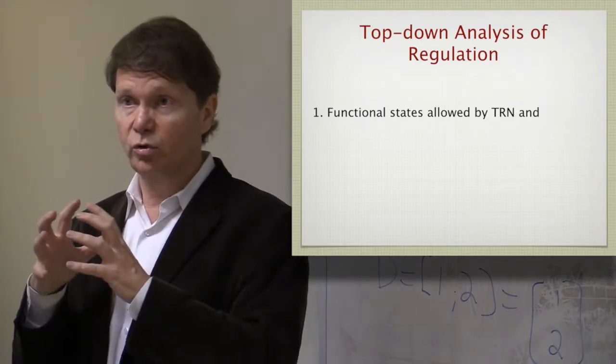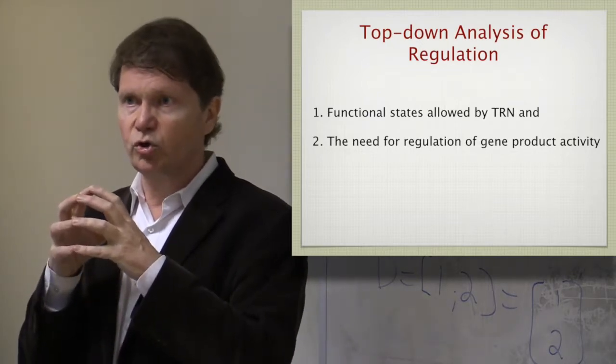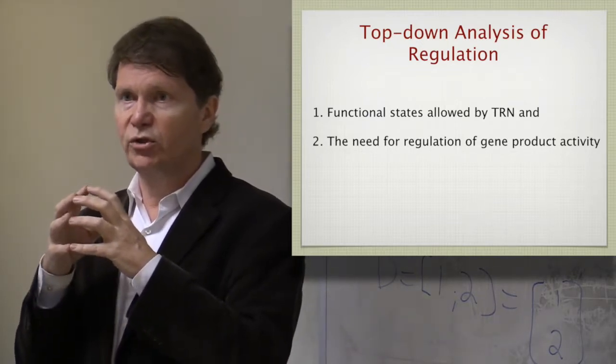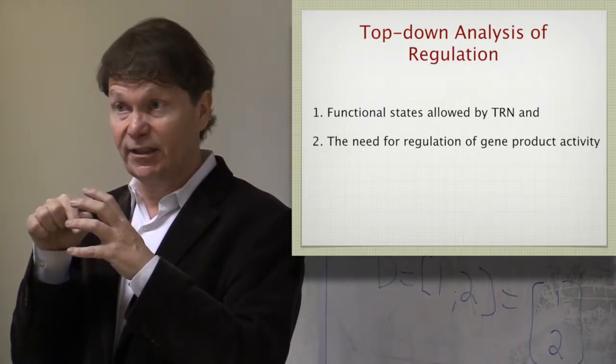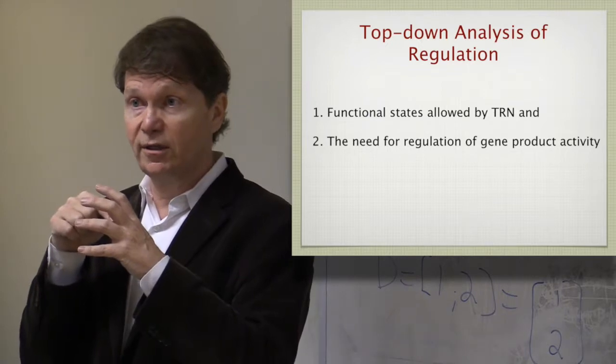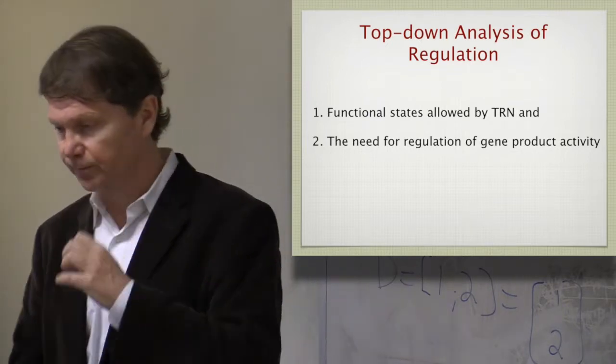That'll give us a smaller solution space, but not the point. And then we can sample that smaller solution space and look at its dimensions and try to infer what the needs are to regulate the gene product activity of upregulated enzymes to get to the eventual state that the cell takes on.